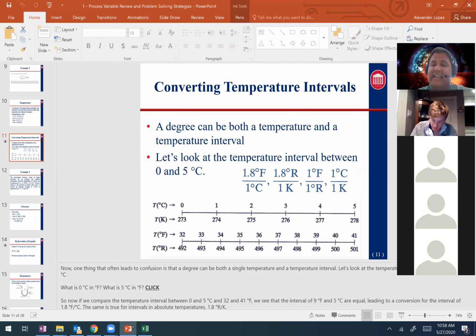A lot of times when looking at calculations, we consider things in terms of the intervals and the deltas, not necessarily the actual values. So understand that 1 delta degree C is equivalent to 1 Kelvin, and 1 delta degree Fahrenheit is equivalent to 1 delta degree Rankine. And to convert from a delta degree F to a delta degree C, you multiply or divide by 1.8, depending on which direction you're going.